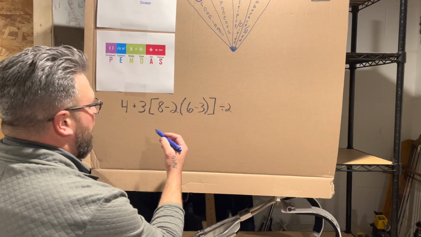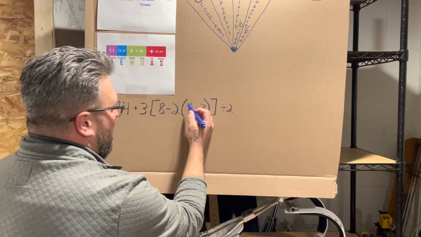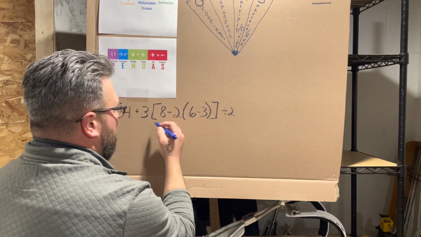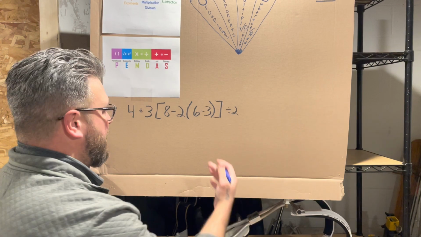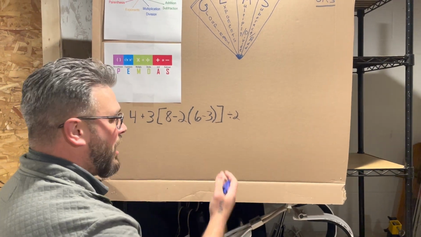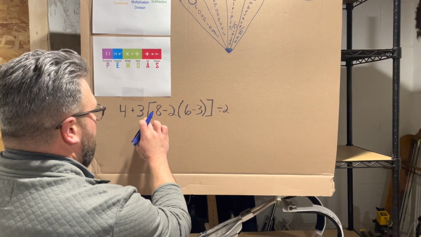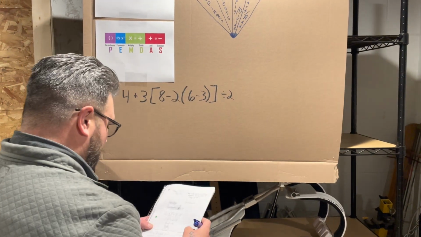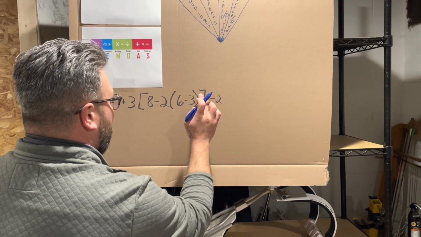When we come down here on my nice cardboard whiteboard, we have a set of parentheses inside of another pair of groupings. So now you're thinking, man, what do we attack here first? I see division, I see addition, I see subtraction, I see multiplication. Well, here's what we do. We have a big grouping right here. And so what we're going to do is we're going to do the parentheses that are inside the grouping first.